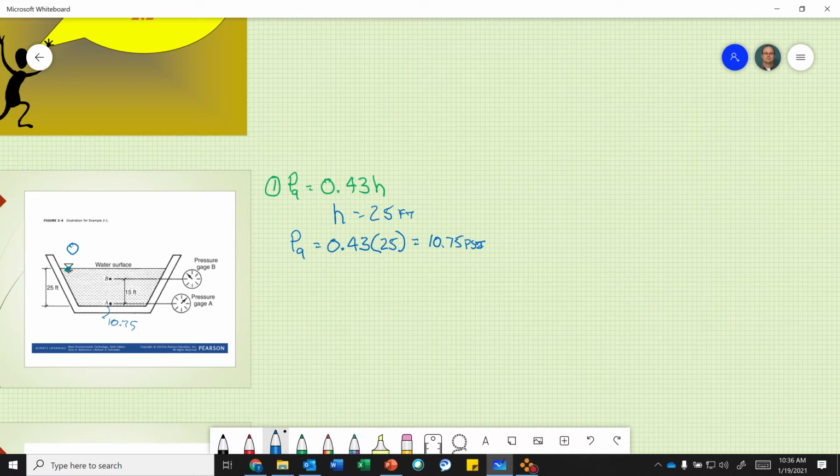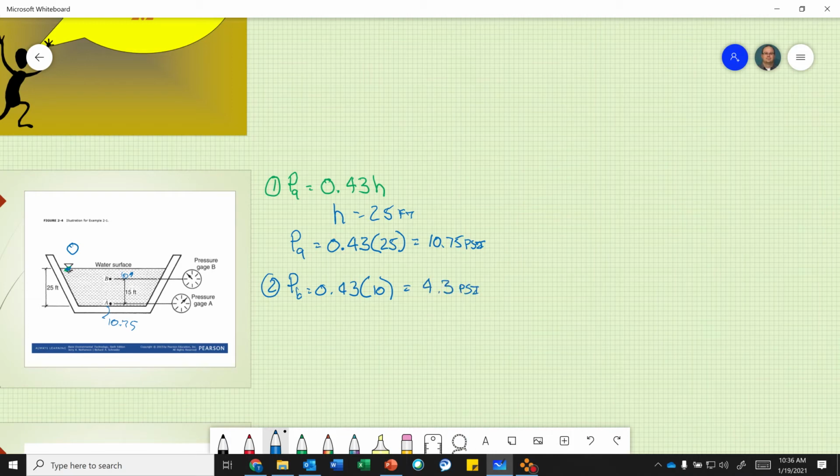All right, and then the second question is, what pressure would gauge B be at the height of 15 feet from the bottom? Remember, 15 feet from the bottom, so that means we have 10 feet from the 0. So the pressure at point B equals 0.43 times 10, and that equals 4.3 PSI.